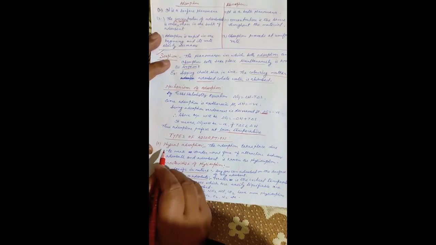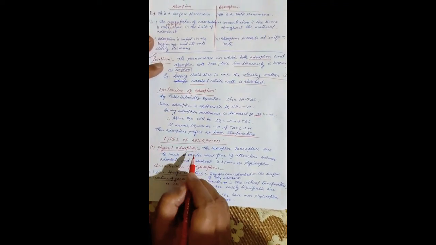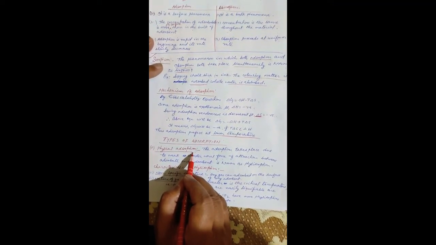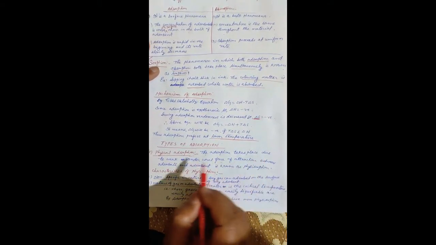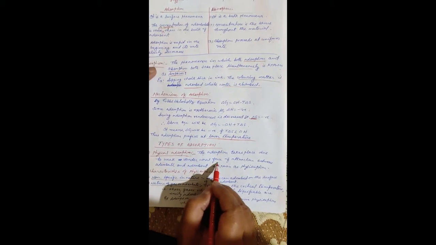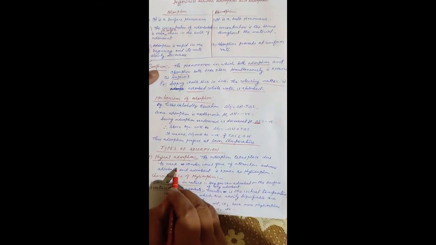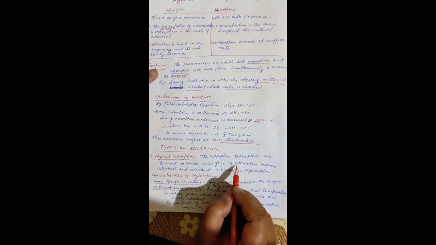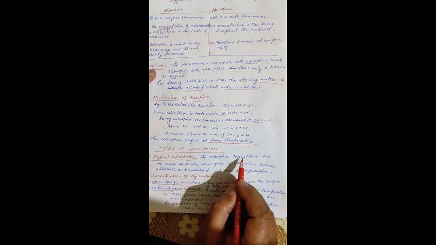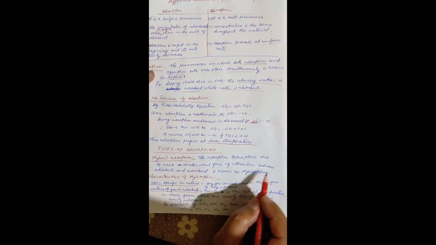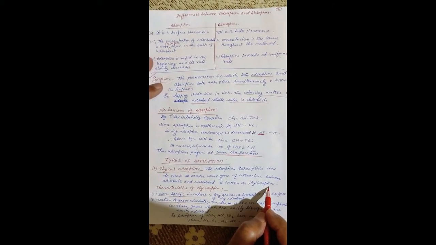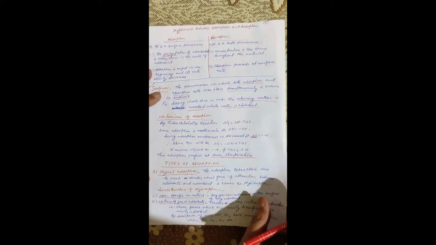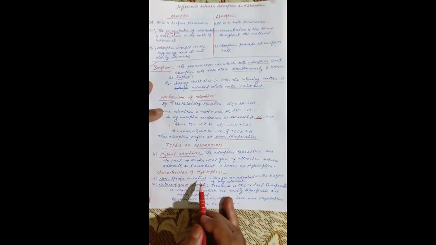Now the first one is physical adsorption, or you can say physisorption. The adsorption takes place due to weak van der Waals force of attraction. If intermolecular force of attraction is taking place between adsorbate and adsorbent, then it is known as physisorption or physical adsorption.